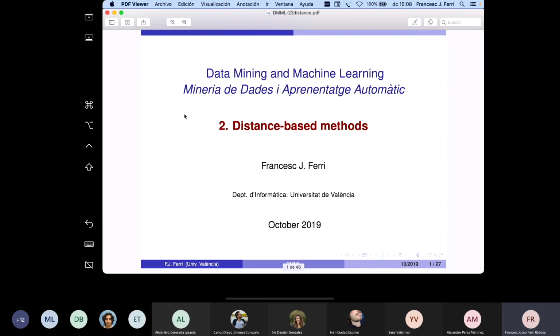Well, now we are going to talk about distance in general. Of course, we are going to relate as much as we can these methods with the previous methods we introduced, but we start from a rather different approach.